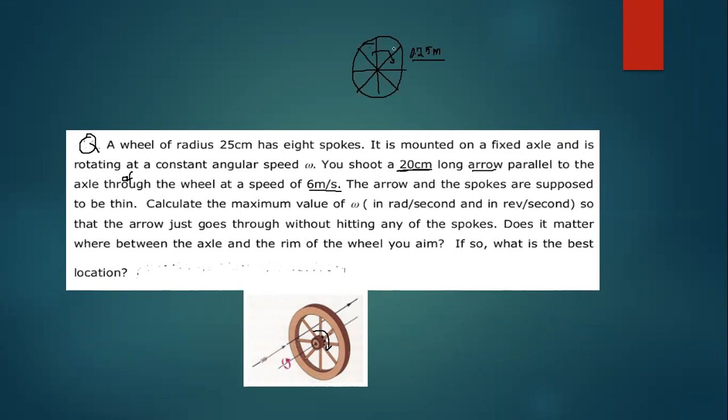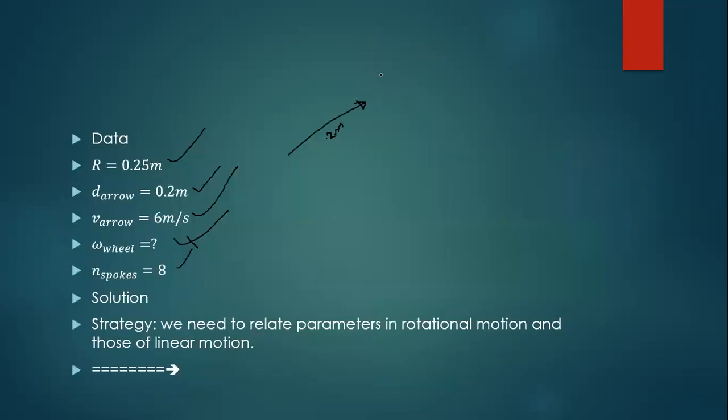Between two successive spokes, this arrow would have to pass like that. What can I do to relate the information? I know that my arrow will need to pass through the spoke.